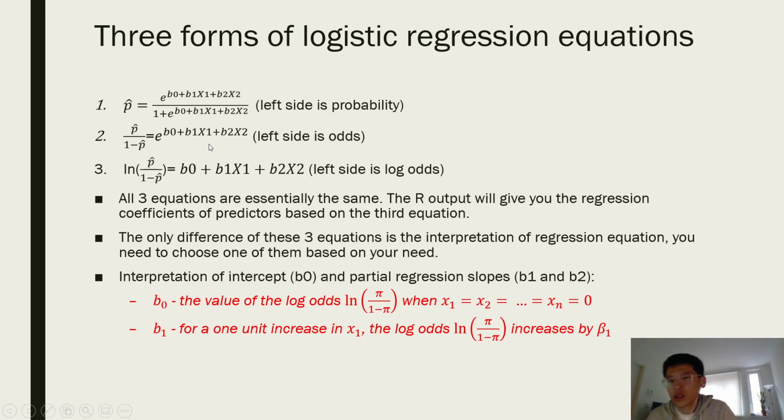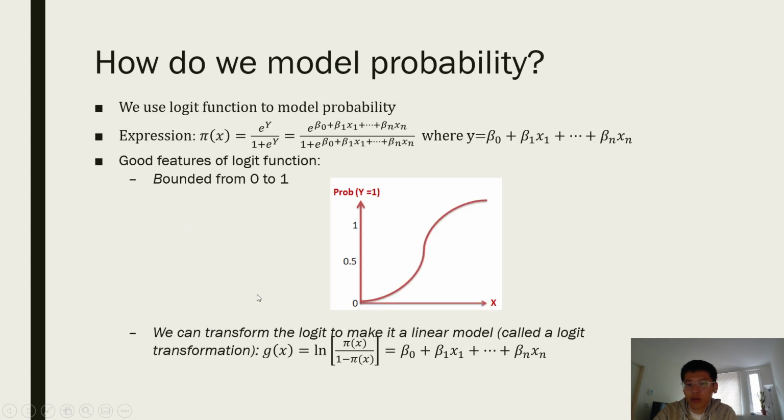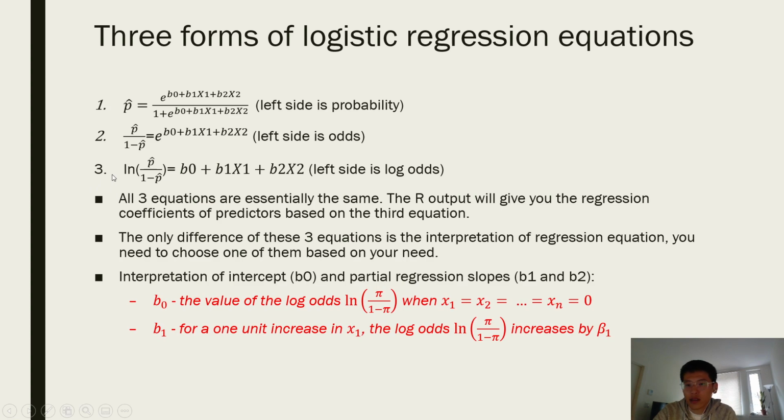So the third one, as you can see here, our right hand side, is very, very meaningful, right? We can directly interpret our right hand side and look at our y here. We just talked about this in the previous 2 slides.